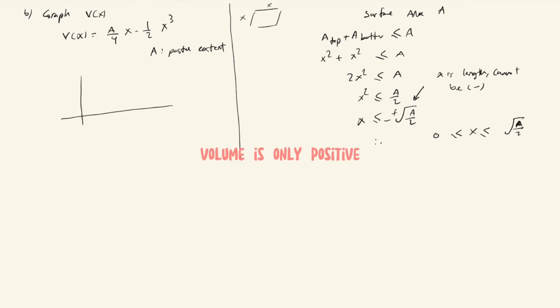And notice here, when we graph this function, the volume is always going to be positive. You will not graph the negative side, only the positive side, and it's going to look like this. We can graph it using a graphing calculator. Here we want to determine where the graph intercepts the x-axis. That is when V equals 0.